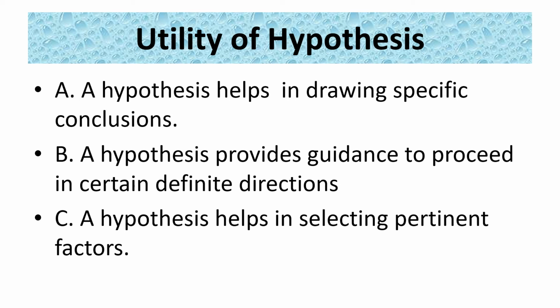And third is a hypothesis helps in selecting pertinent factors. If a hypothesis is stated negatively, it is called a null hypothesis. The object of this hypothesis is to avoid the personal bias of the investigator during the data collection.